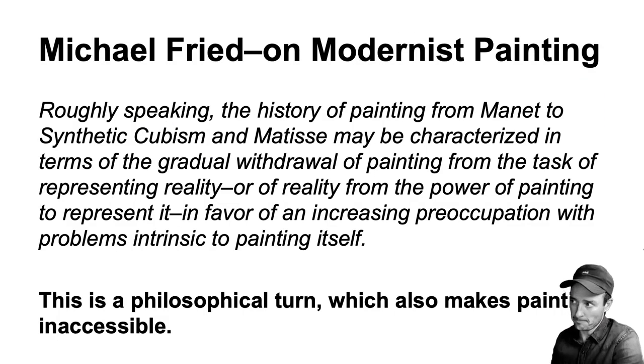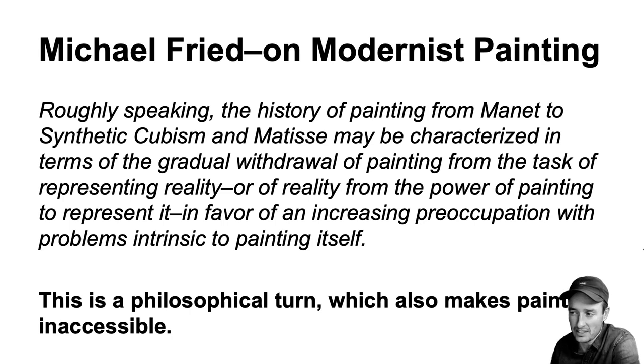Or worthy. So this is Michael Fried on modernist painting, and this is where we're going to shift. "Roughly speaking, the history of painting from Manet to synthetic cubism and Matisse may be characterized in terms of the gradual withdrawal of painting from the task of representing reality, or of reality from the power of painting to represent it, in favor of an increasing preoccupation with problems intrinsic to painting itself."